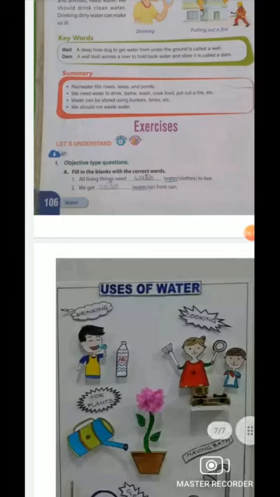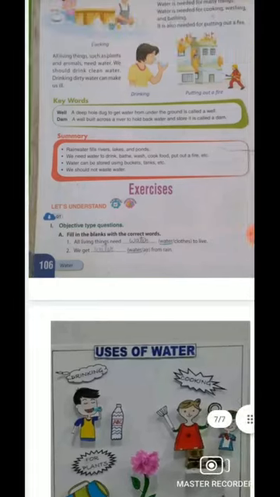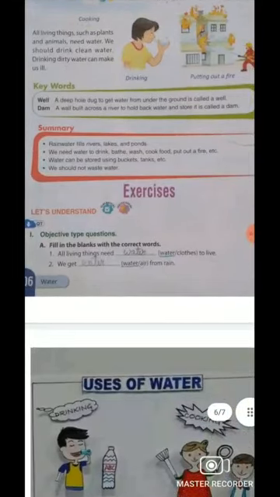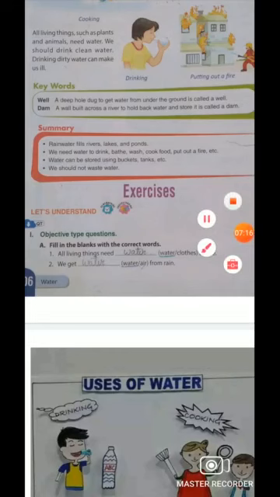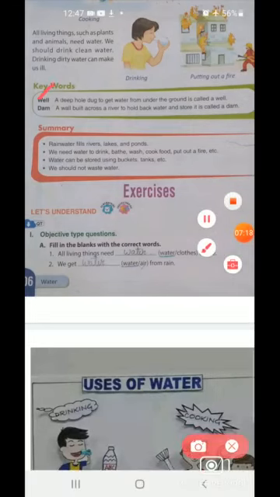Now let's know about the well. Do you know what a well is? A deep hole dug to get water from under the ground is called a well. Once again, students, let's learn.